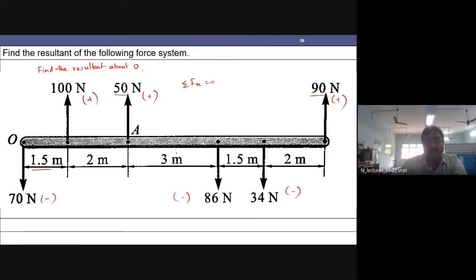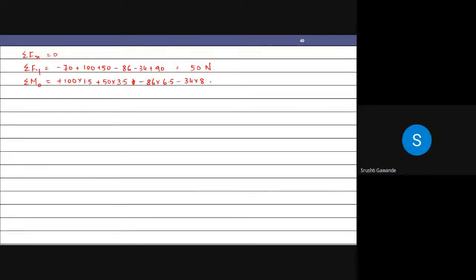The effect is anti-clockwise, so plus 90 into 10. So what is my sigma Mo? The unit is Newton meters. Can you give me the total quickly?